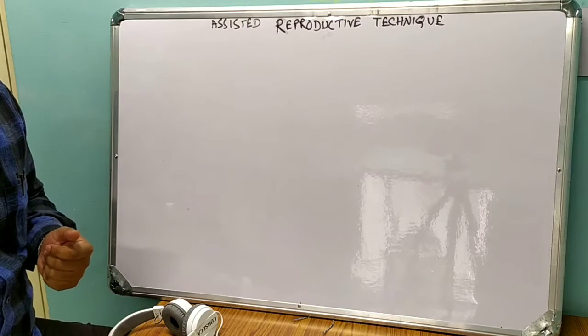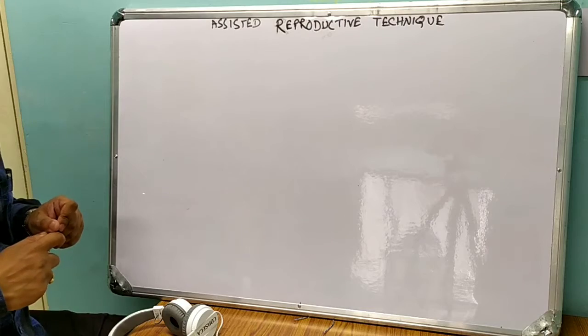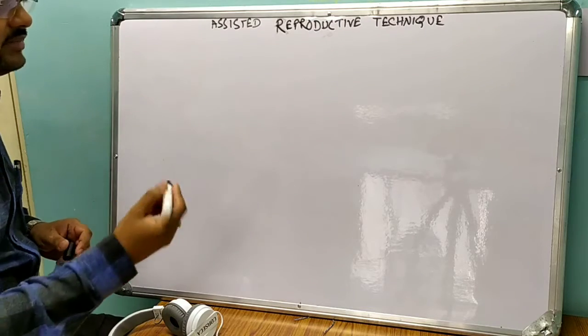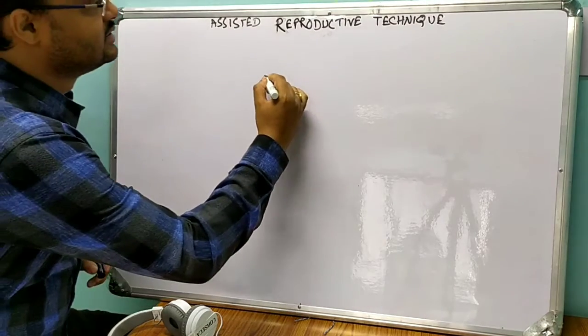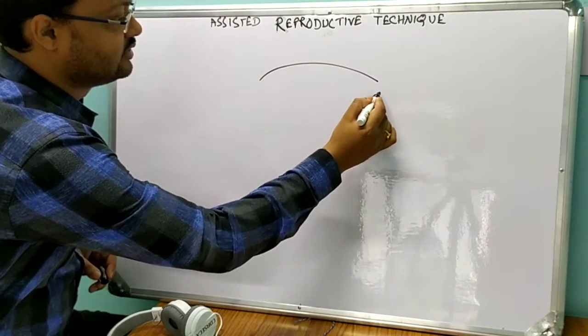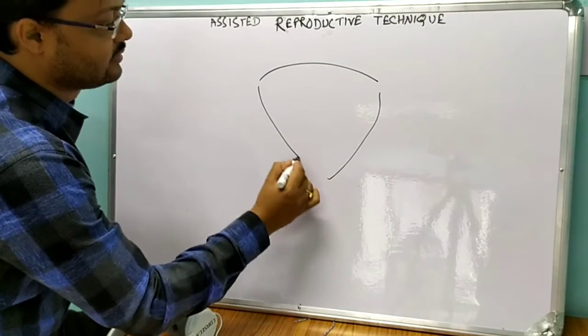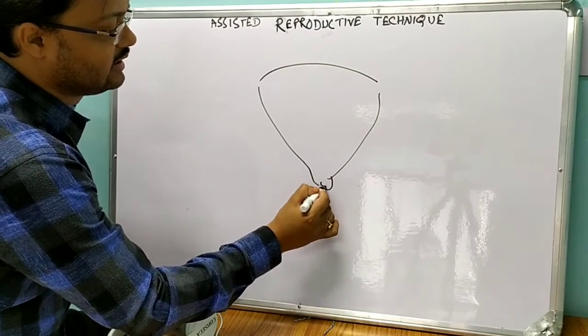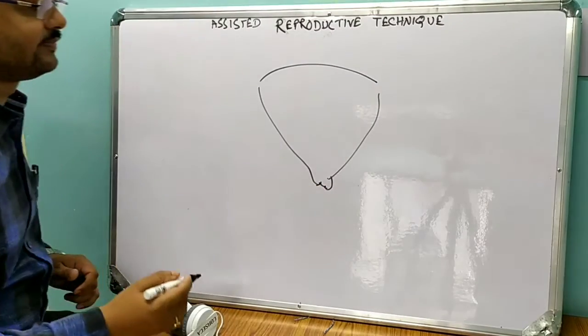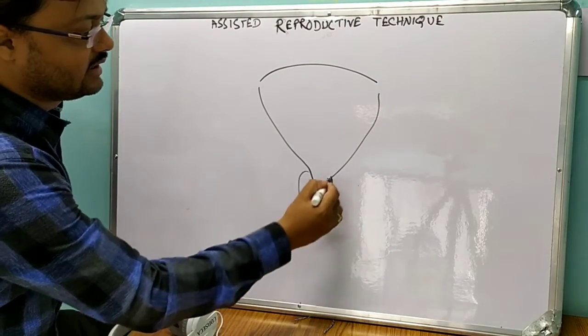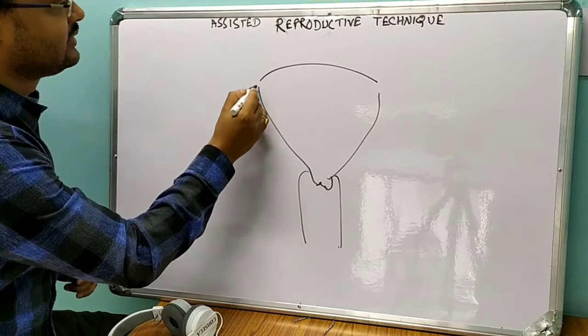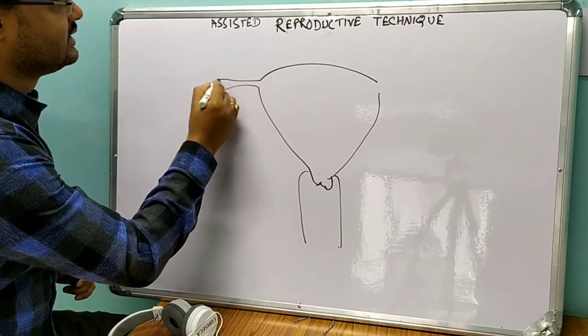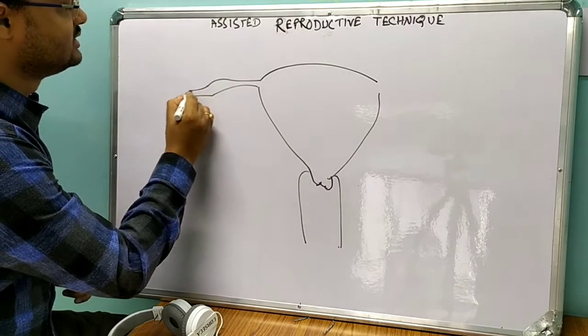If you draw a line diagram of a female reproductive tract, it should look like this. This is the uterus, and the lower part ends with a cervix. The lower part is the vagina, and it is connected with the fallopian tubes.